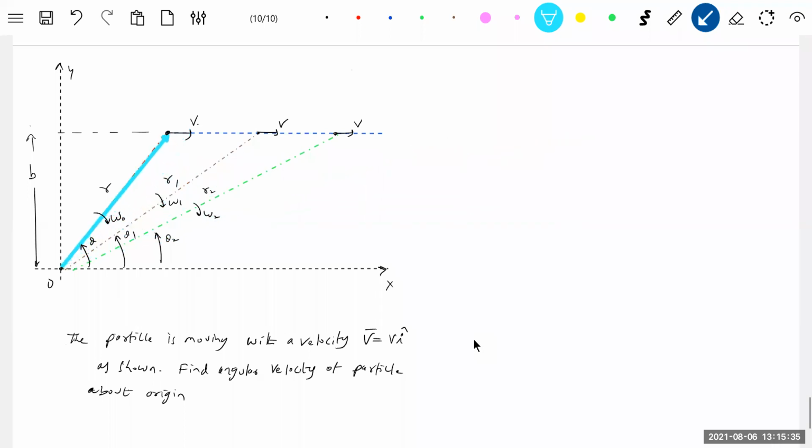What is this r bar now? r bar is the position vector of the particle. So this position vector will have angular displacement because the particle is having angular velocity. This is the way we have to analyze here. Okay, let's get into the calculation. How to find this? Circular motion means not only an object revolving in a circle.